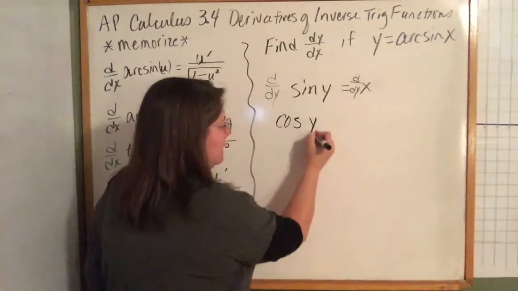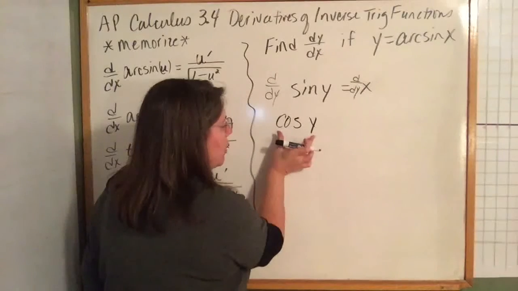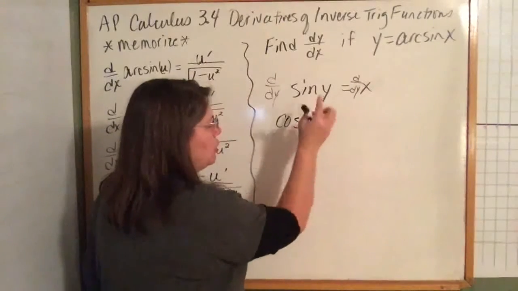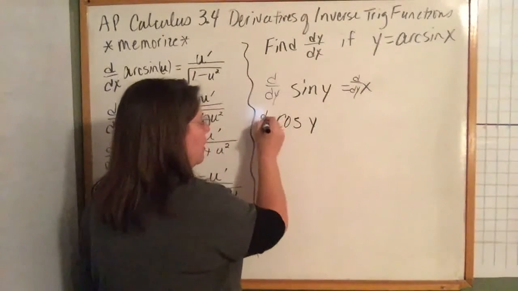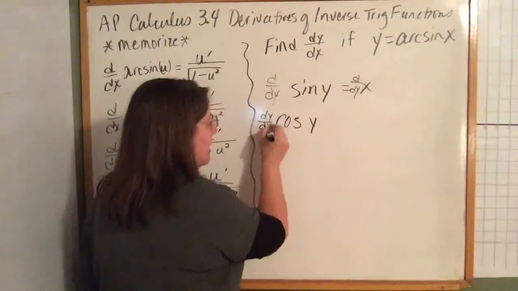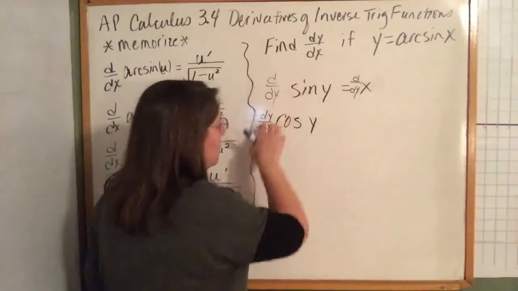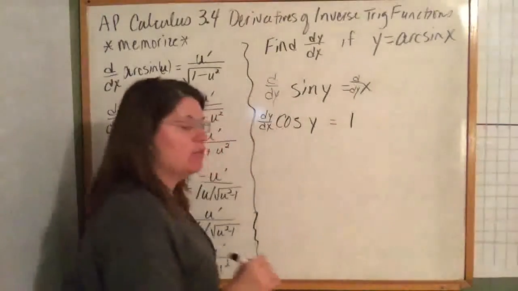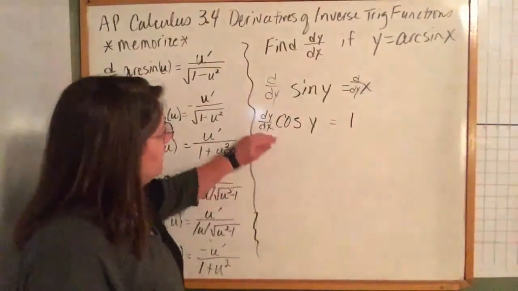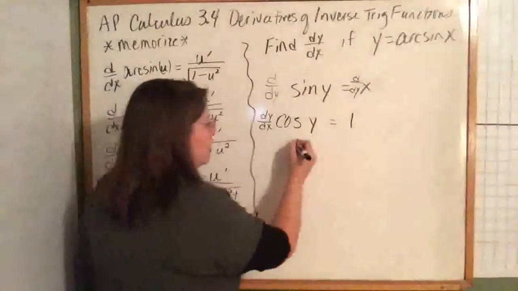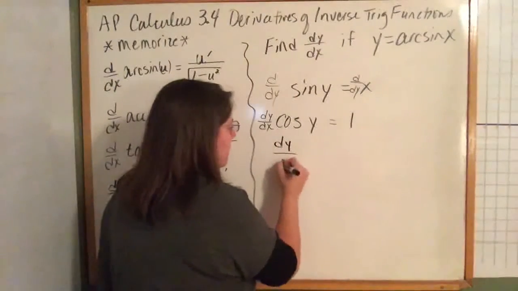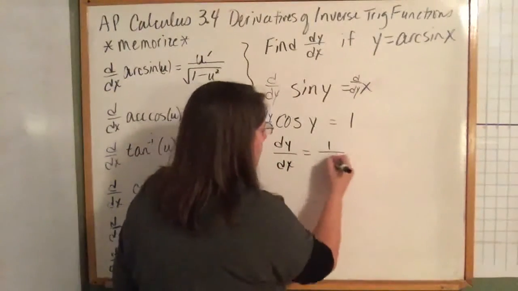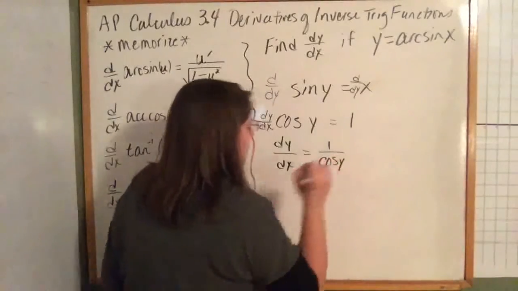We have the y, but when we take the derivative of cosine, we also need to find y prime, or dy over dx. That's what we're trying to find, is dy over dx. And then if we take the derivative of the right-hand side, that's just 1. And then to get the dy over dx by itself, dy over dx is equal to 1 over cosine of y.